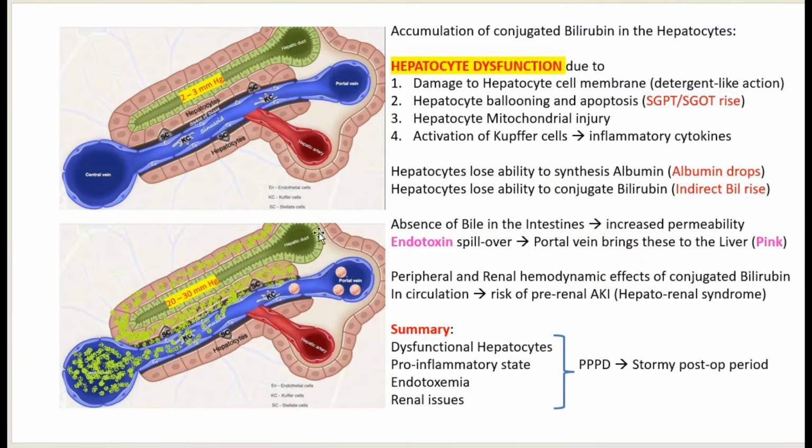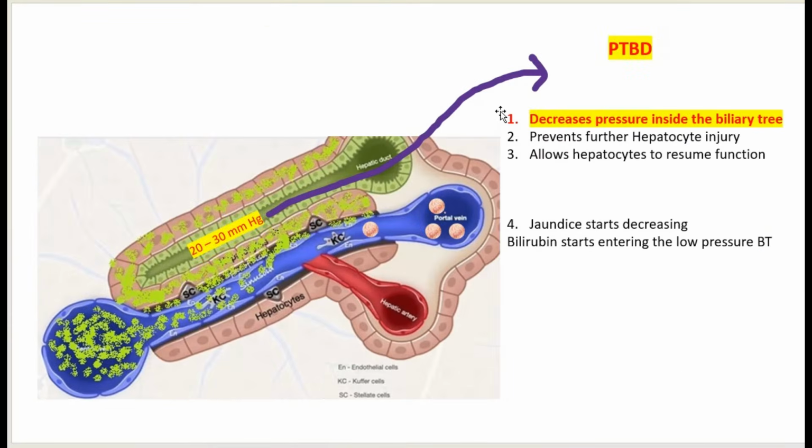Everything is related to the accumulation of conjugated bilirubin in the hepatocytes because of increased pressure inside the biliary system. So that is the exact mechanism by which PTBD functions. It drains the bile, and by the same token it decreases the pressure inside the biliary tree. So once this pressure is relieved, the bilirubin starts entering the low-pressure biliary tract.